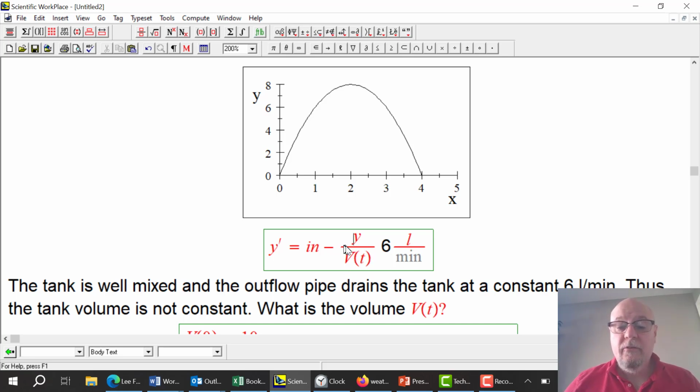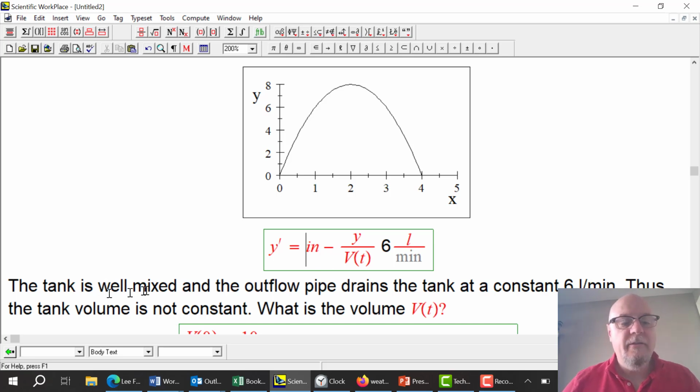For the out, the concentration is given by y kilograms, which changes, over the volume, which in this case changes, times 6 liters per minute. 6 liters per minute is the constant flow rate out. The in is usually the concentration in as a constant times the flow rate in as a constant, but the flow rate in is not constant, so we're going to have to integrate it.